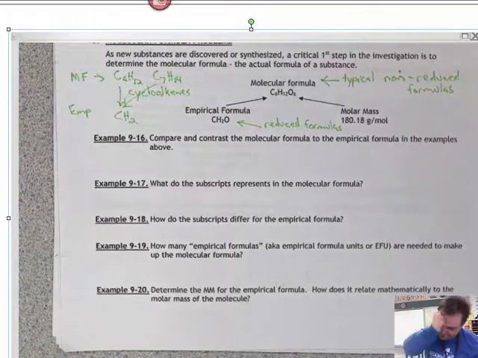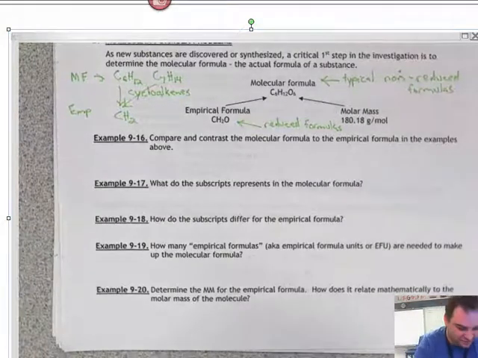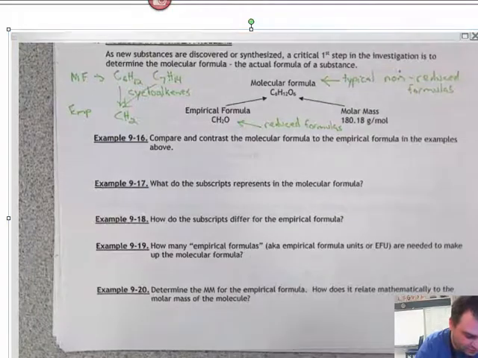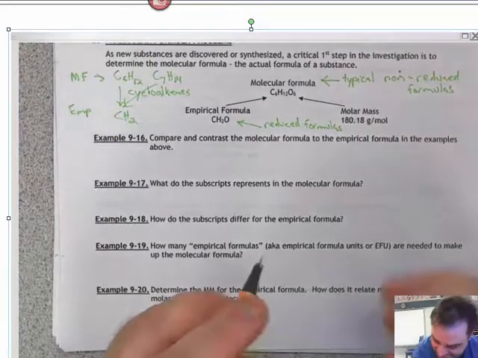So, compare and contrast the molecular formulas to the empirical formulas in the examples written above.